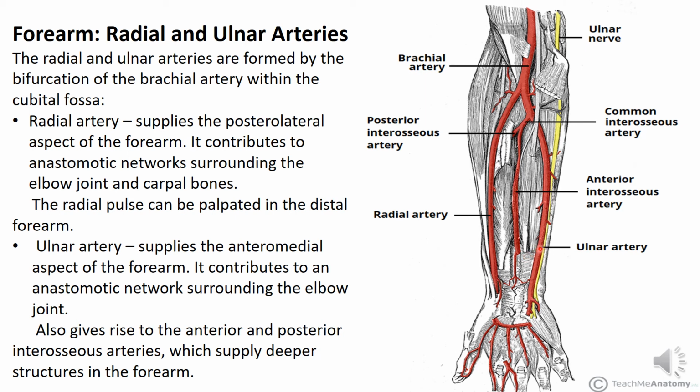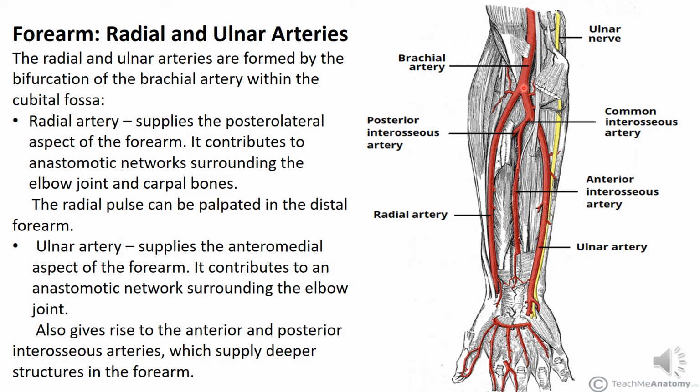Then about the ulnar artery, it supplies anteromedial aspect of the forearm. Then just near to the cubital fossa, it gives off a branch called common interosseous artery. It bifurcates into posterior interosseous artery and anterior interosseous artery, which supply the deeper structures of the forearm.